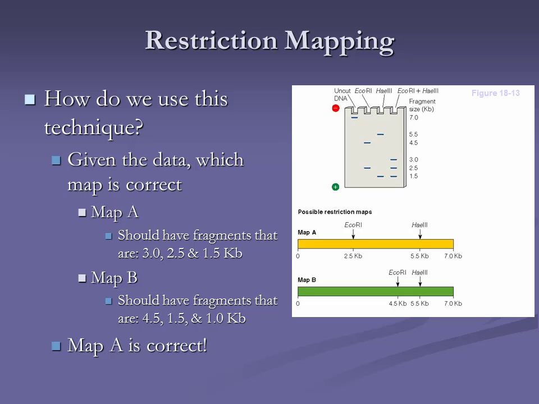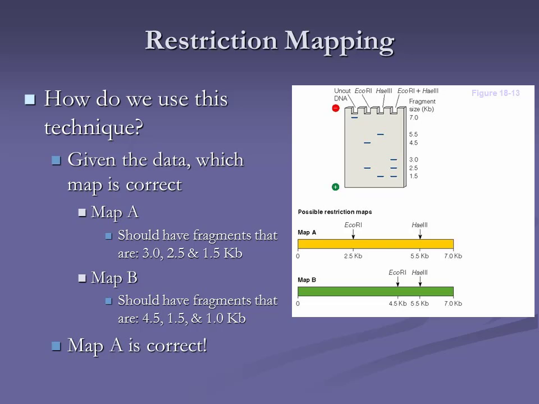Would this be the best place for EcoRI? Is that where we would think it would cut? Because EcoRI gave us a 4.5 fragment, so maybe it cuts here. So which of these is correct? A? Why?